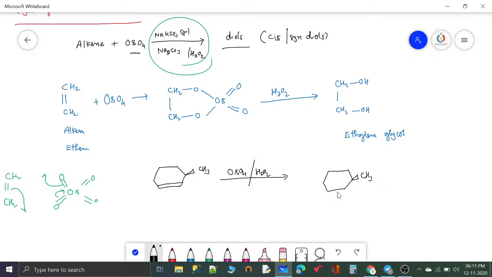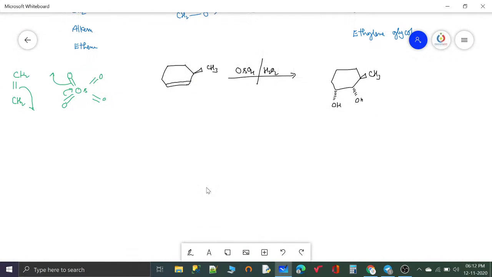Both of these OH groups will be added to the double-bonded carbon atoms from the side opposite to this group. Though this is a syn addition, osmium tetroxide preferably attacks from the back side, to avoid collision with the methyl group.